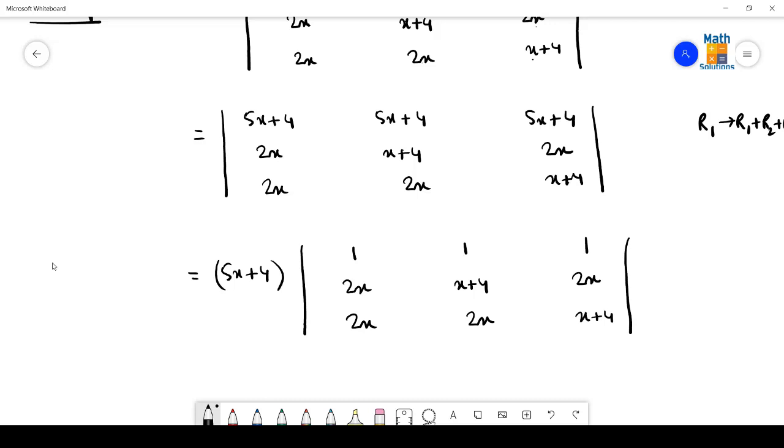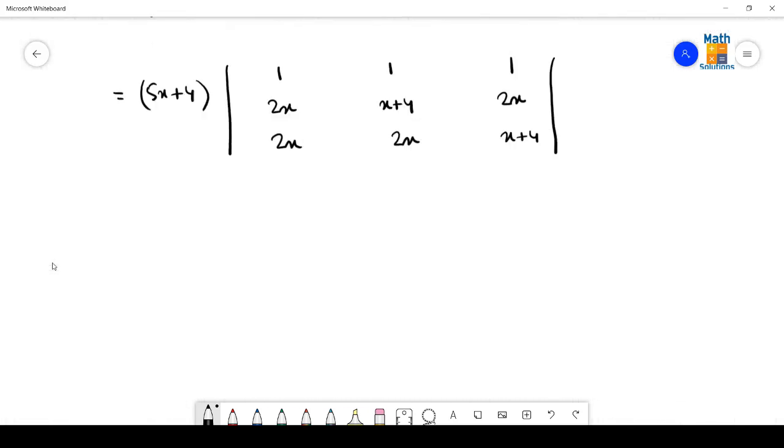So since along the first row there are 3 ones, if we apply properties column wise now, there is a possibility of getting the maximum number of zeros along the first row and reducing it to the lowest form, that is like 0 0 1 or 1 0 0. In that form, if we try to reduce, the result will be easily obtained.